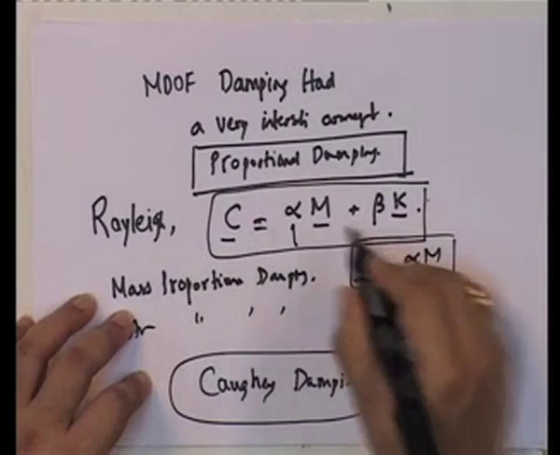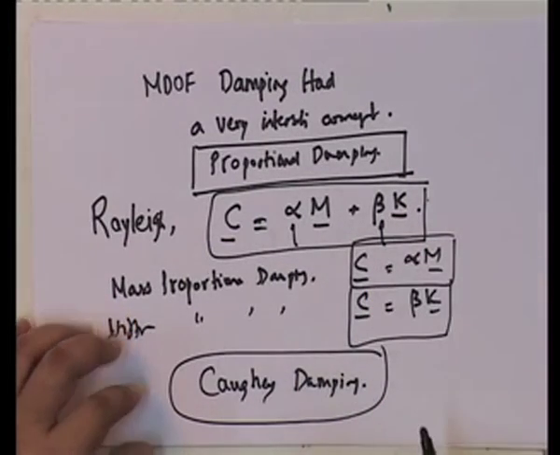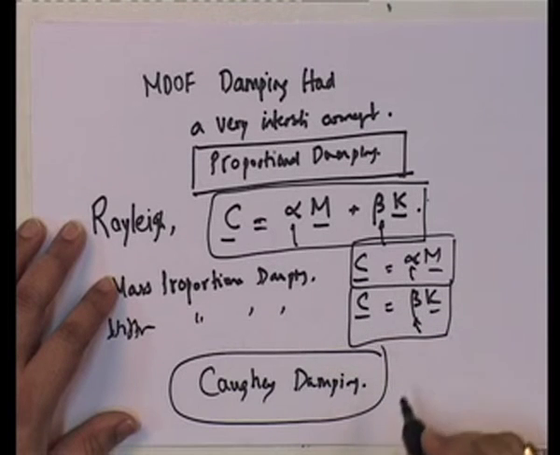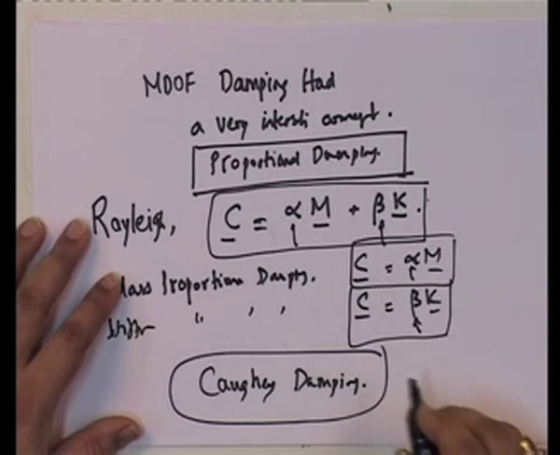The question then becomes, how do I find alpha and beta? If it is mass proportional damping, how do I find these proportionality constants?